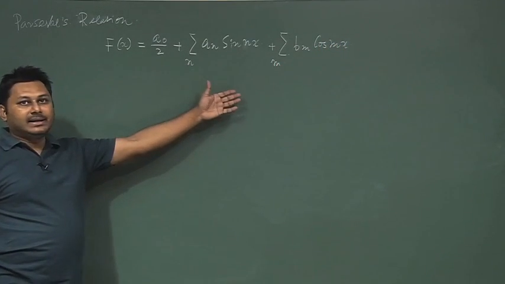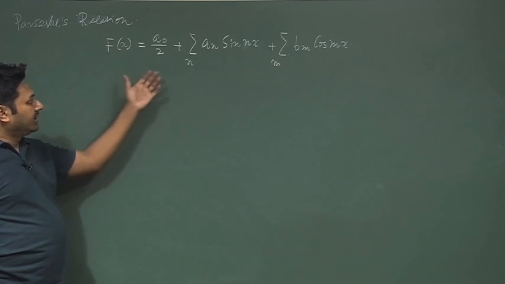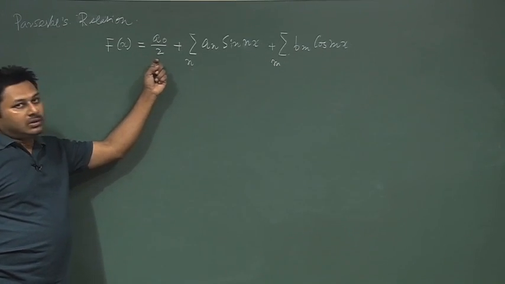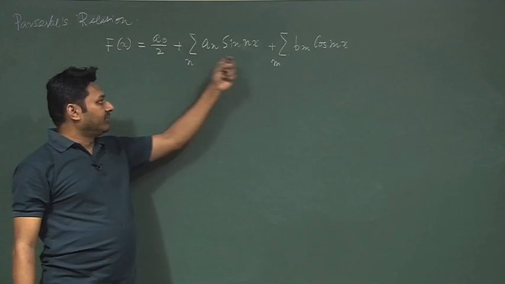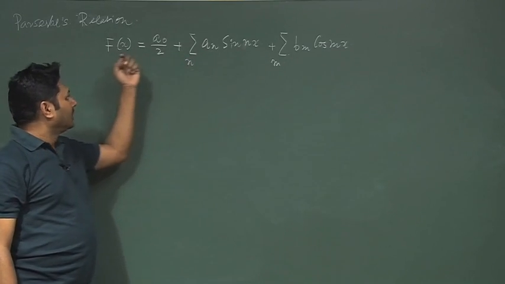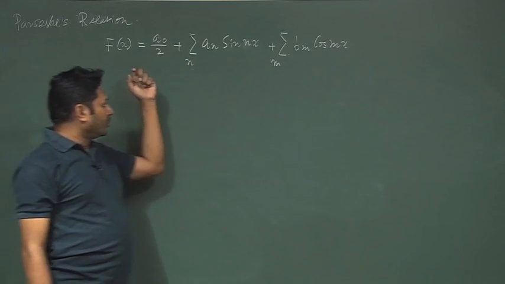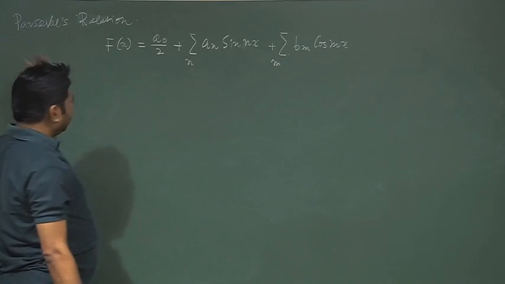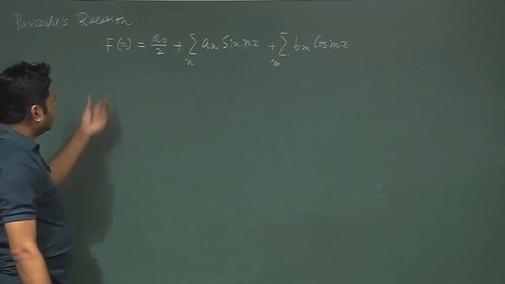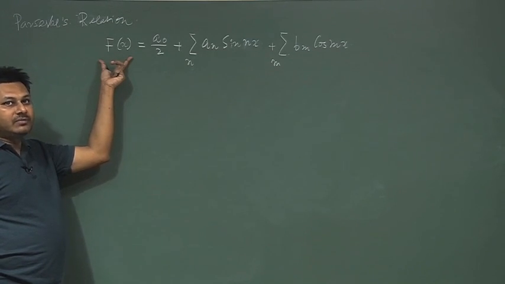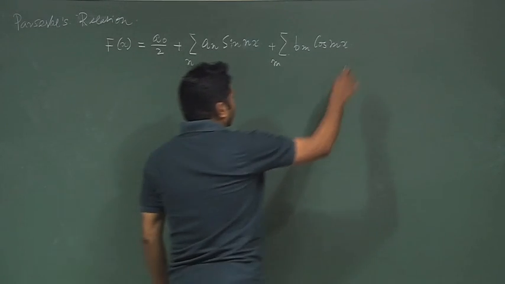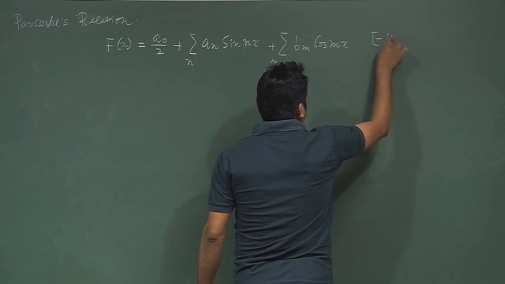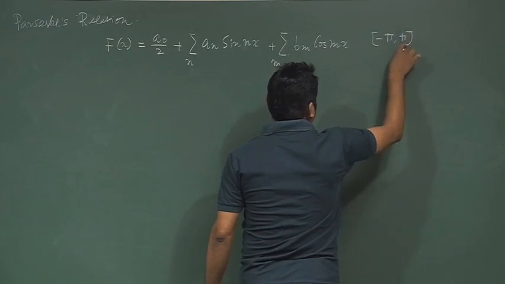So, I write a function in terms of Fourier series where you should always remember that these coefficients are very important. We should be more enthusiastic to find out what the coefficient is. Here the Parseval relations suggest that if I try to find out the average of this function, say this function is in the limit minus pi to pi as usual.